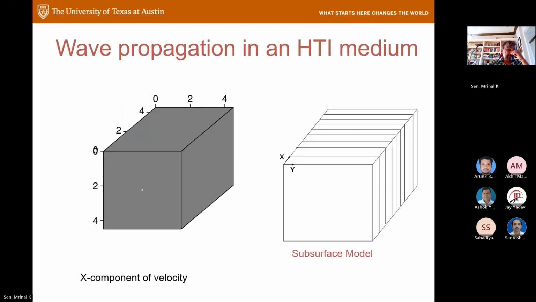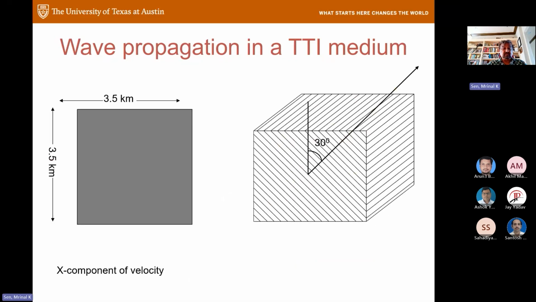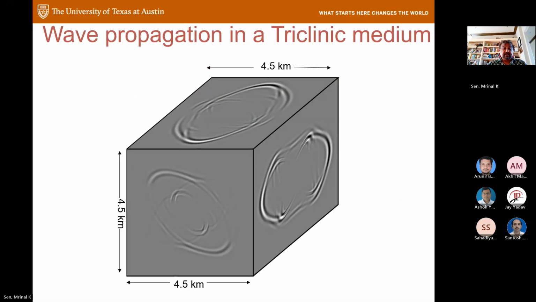So here is an example of wave propagation in an HTI medium. And this is our velocity model. Unfortunately, I don't think I have the movie here. And this is our subsurface model. And this is in a TTI medium. And this shows you the snapshots in a triclinic medium.